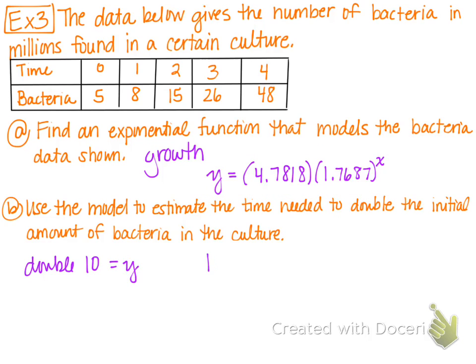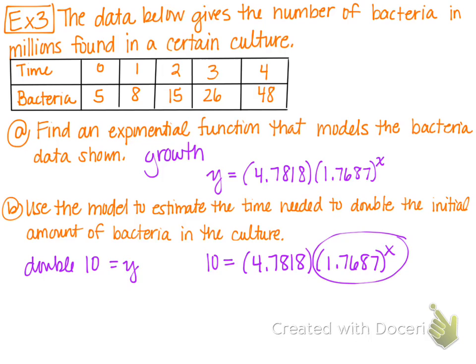So we have 10 is equal to 4.7818 times 1.7687 to the x power. Now we've got to pull back from a couple units ago. We've got to solve this, and we're going to use some logarithms to do so. So before we start doing our logs, we need to get this right here isolated.